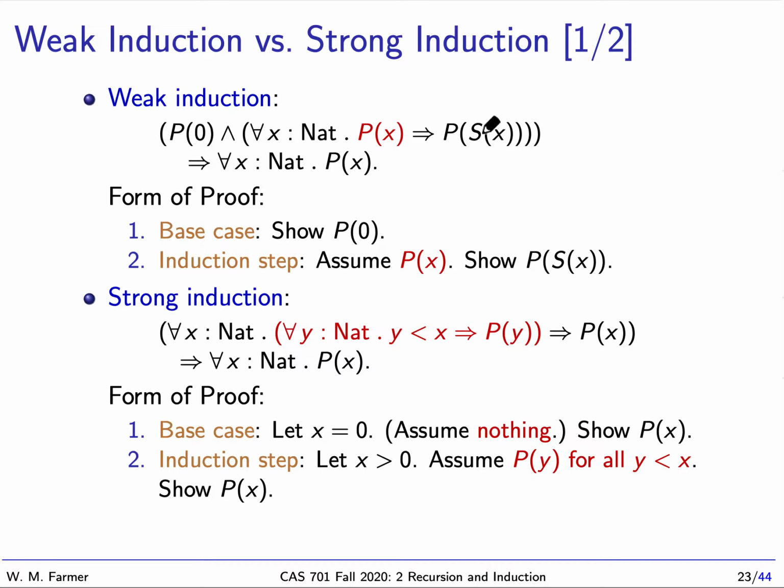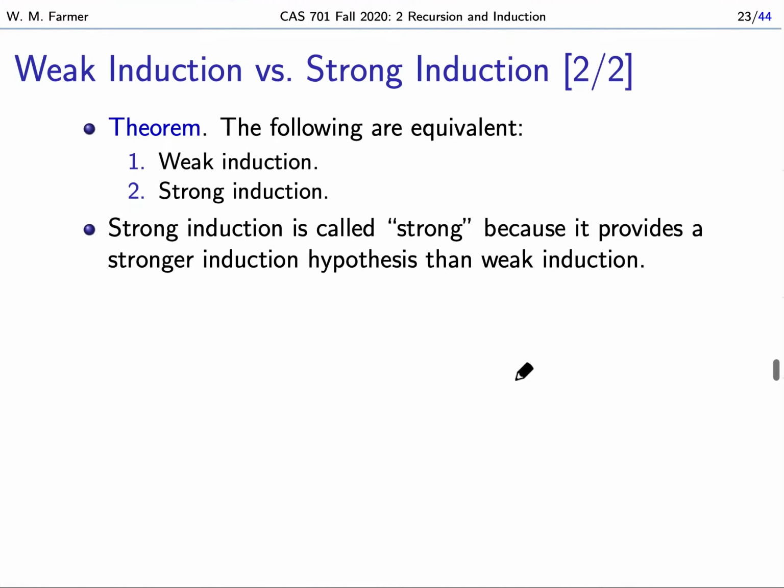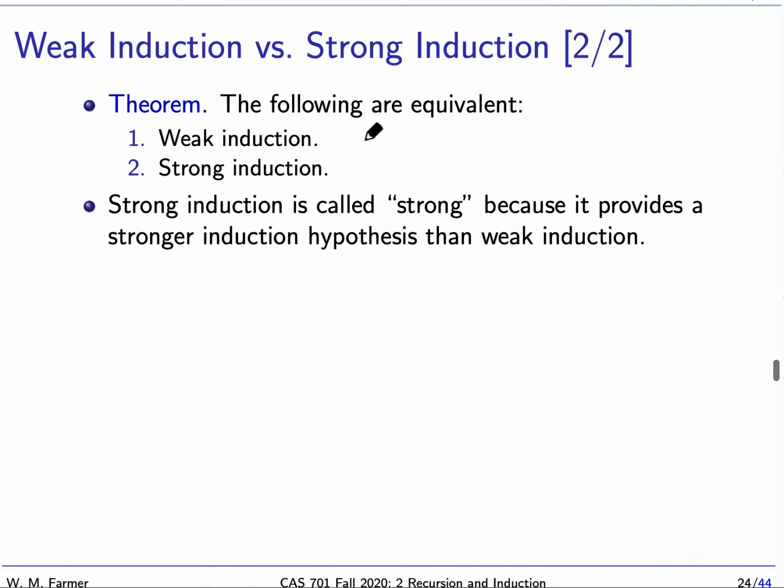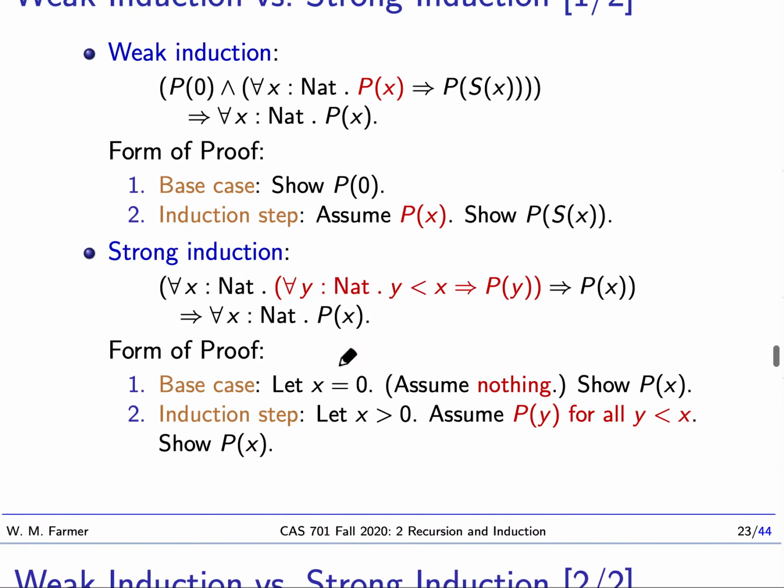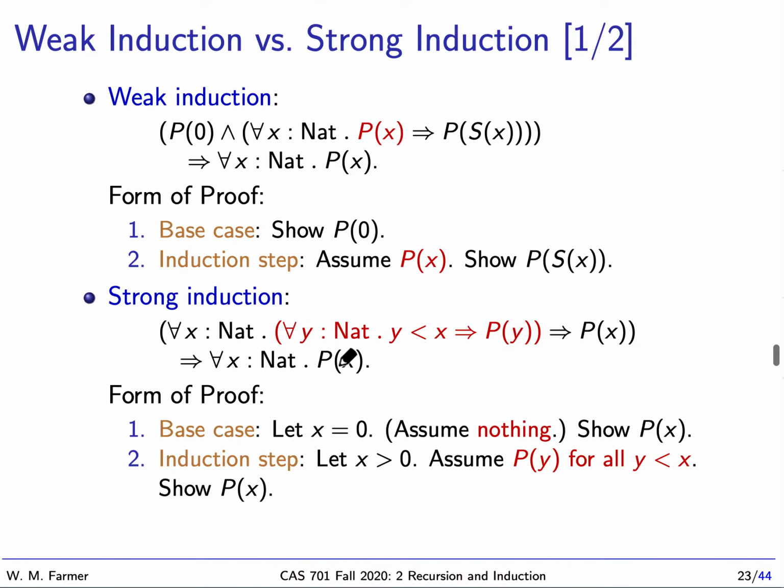We get two induction principles, and these principles look different, but they are actually equivalent. There's a theorem that says weak induction and strong induction are equivalent. They're equally strong. Anything we can prove with weak induction, we can prove in a similar way with strong induction.